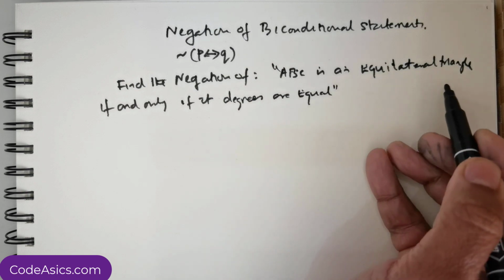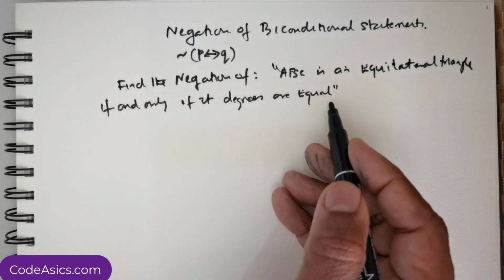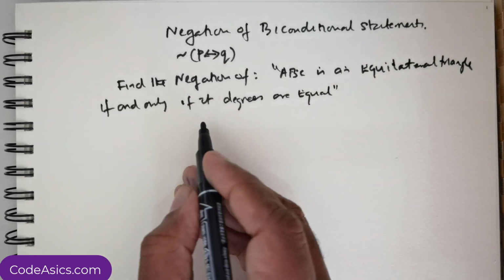ABC is an equilateral triangle if and only if its degrees are equal. So this is a biconditional statement. We are expected to find the negation.